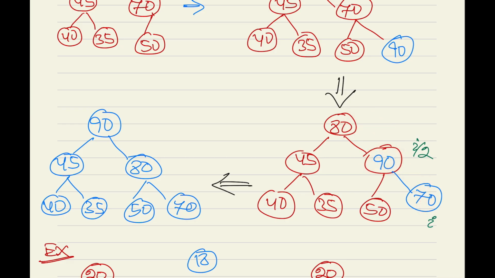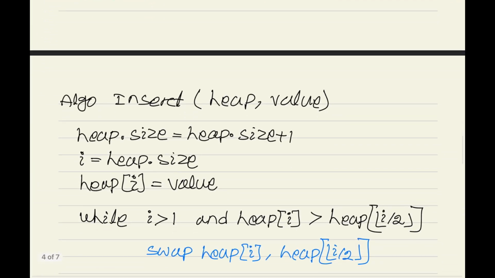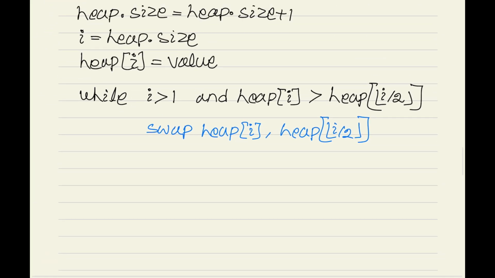So for that, we can consider this one as I and this one as I by 2. So I am simply writing this here in the algorithm. So after swapping, we can make the new I value equal to floor of I by 2. Floor we are taking because for odd numbers we have to find the parent also.